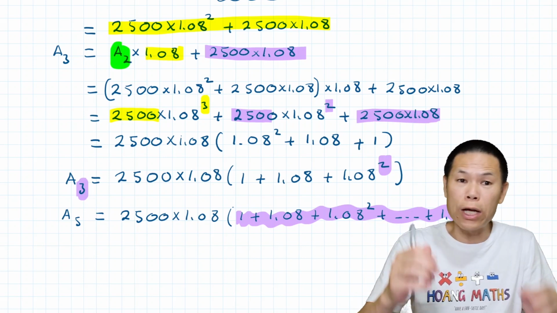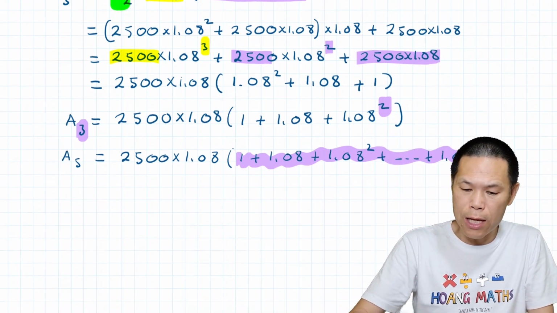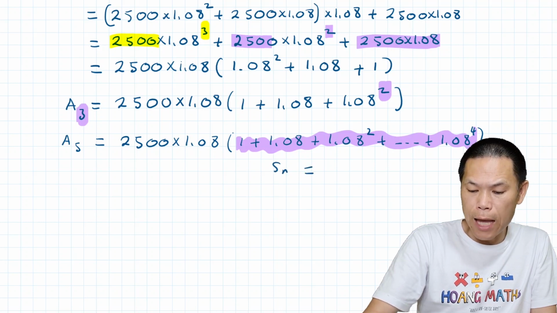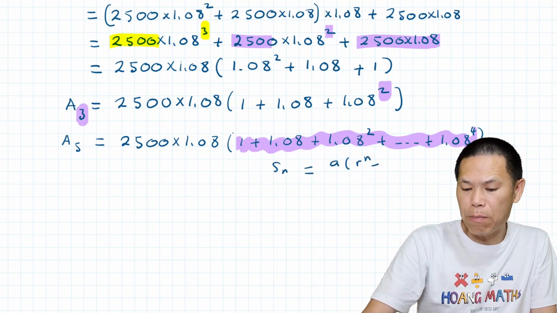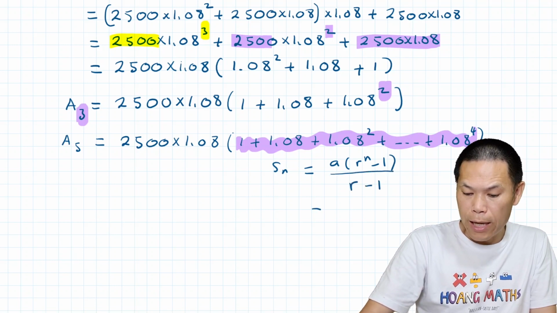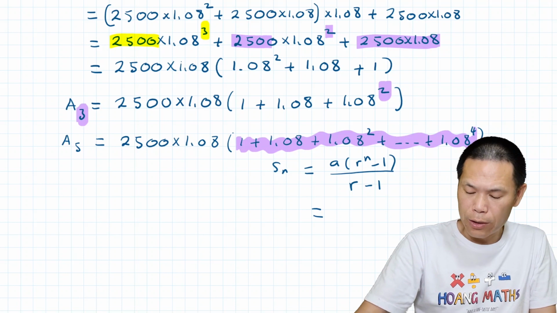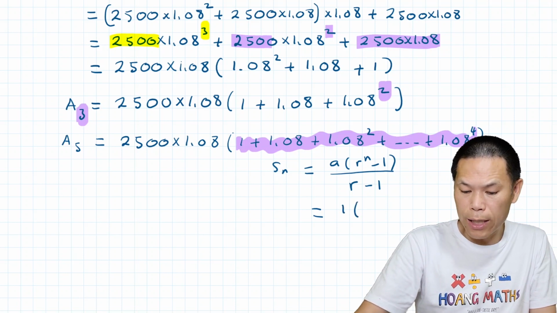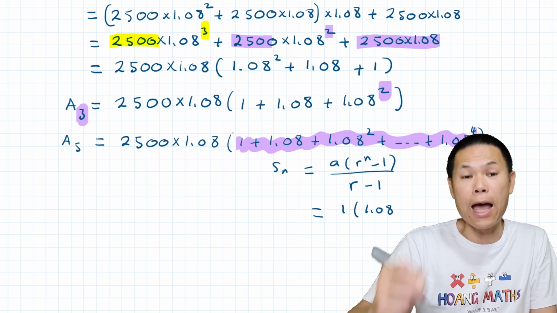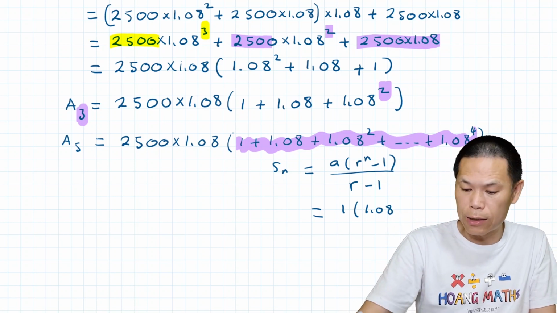So now what I do, I just add this series together. So S of n, the rule for this is a times r power of n minus 1 over r minus 1. And a is equal to 1. So 1 brackets, r is 1.08, and there are 5 terms together, so power 5.